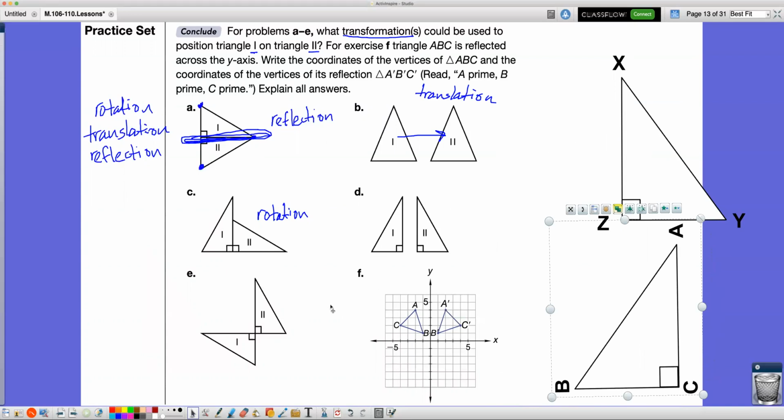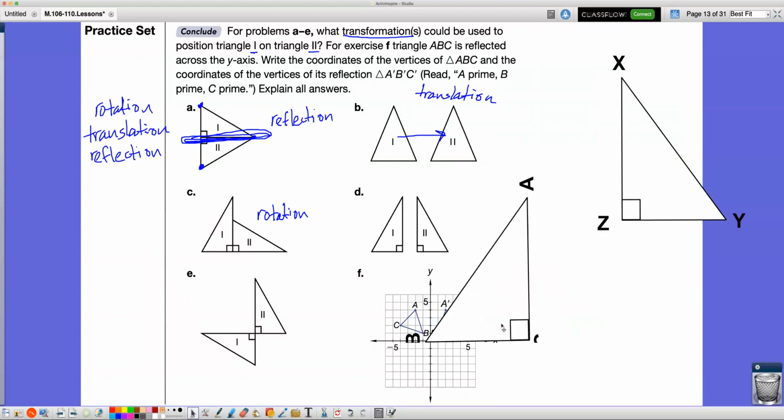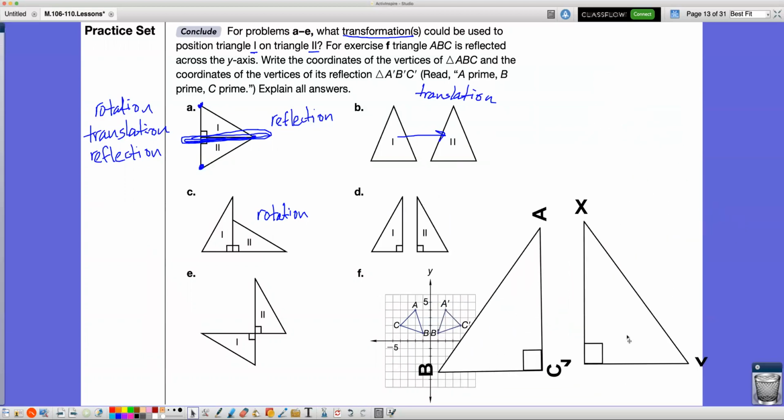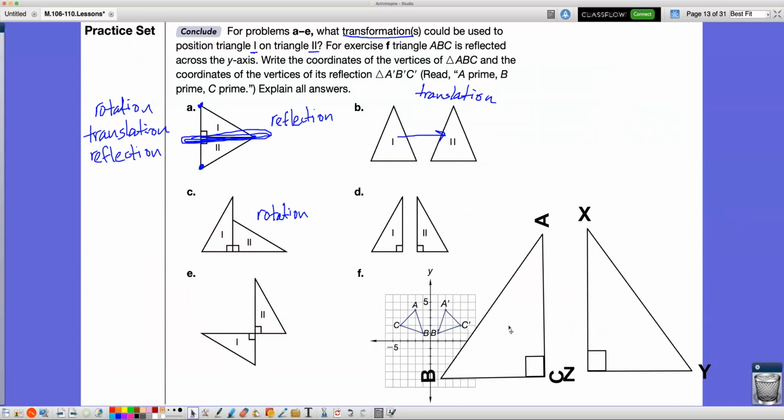Okay, on letter D, what does it require here to get from triangle 1 to triangle 2? So if we were going to go from this triangle, and then we were going to make it into this triangle to make it exactly on top of it, what would that take?